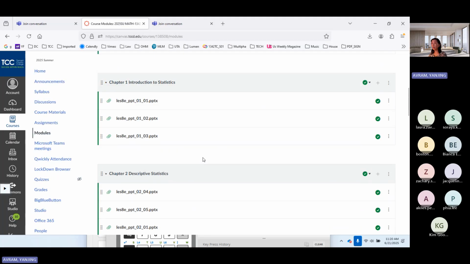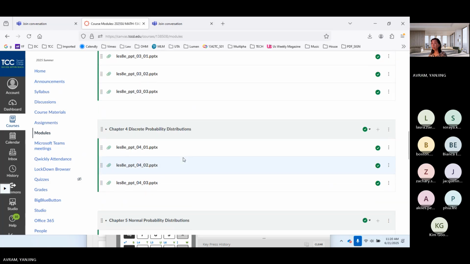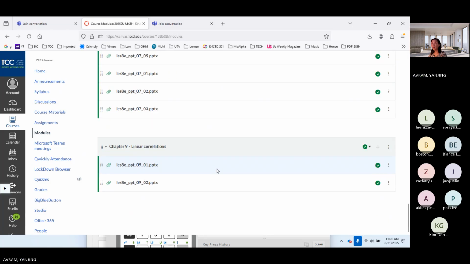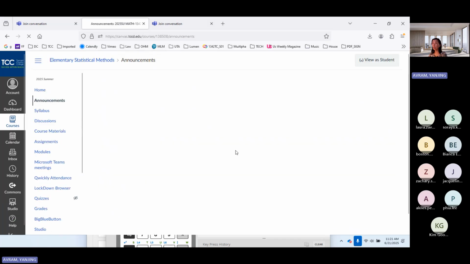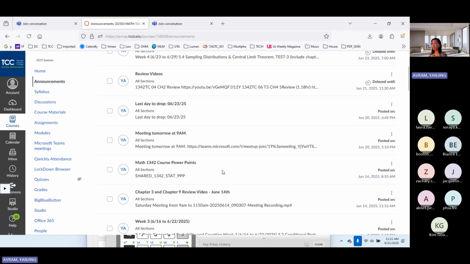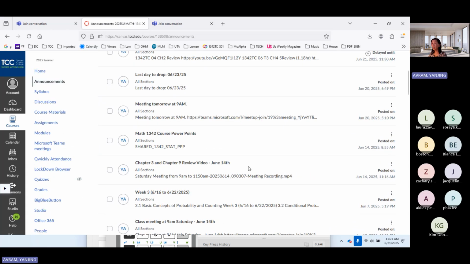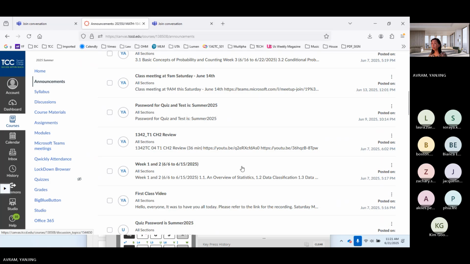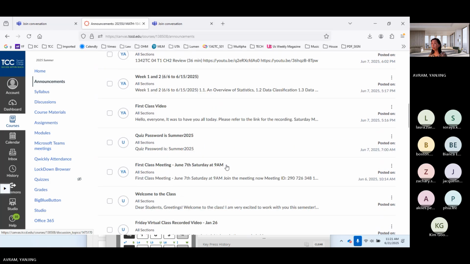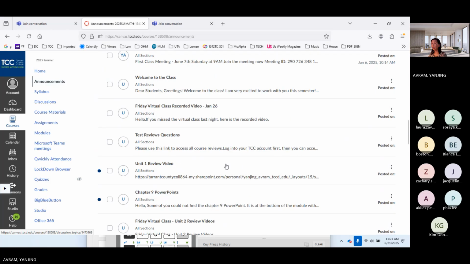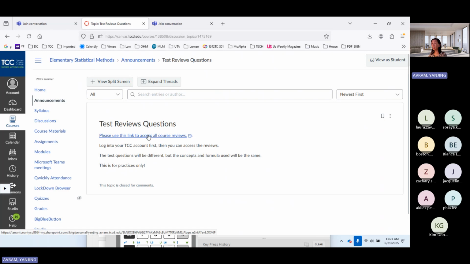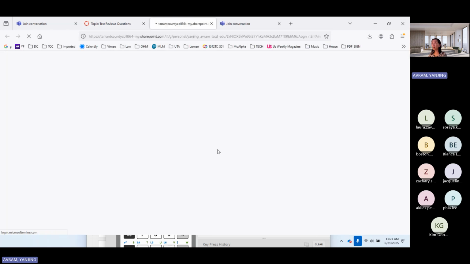Key formula table. I think it's not in the module, maybe under the announcement somewhere. I think I'm trying to put it in a module in here. Okay, so if you go to the course material here, I'll show you. Go to this link, you can access all the review in here.